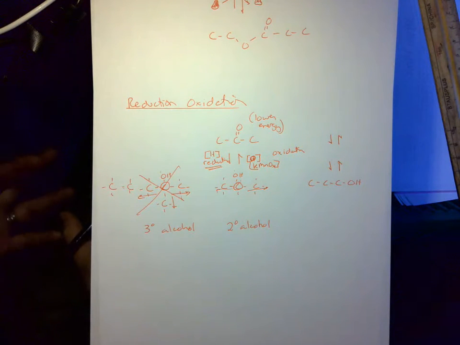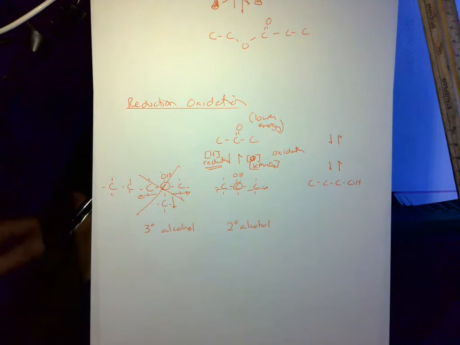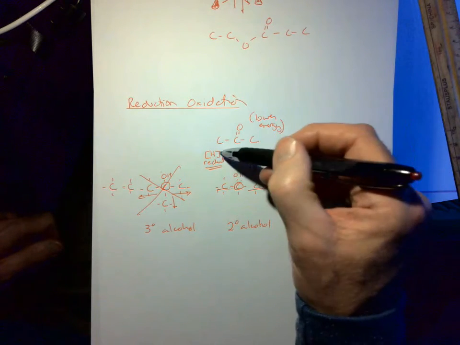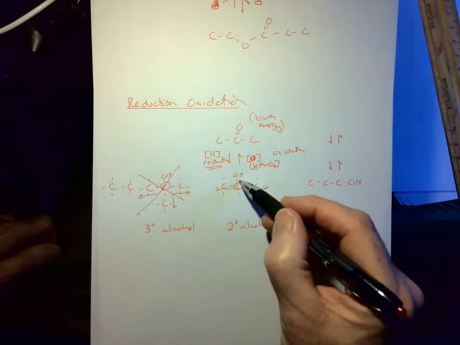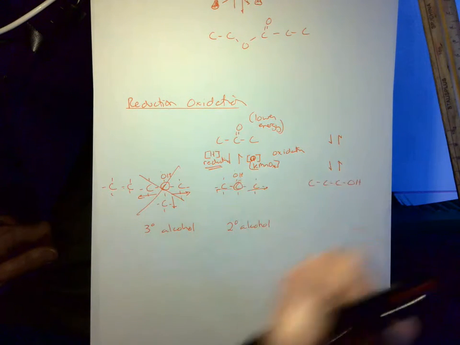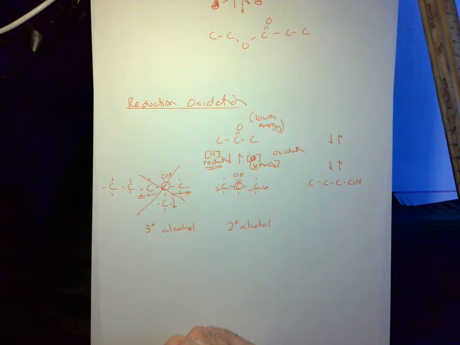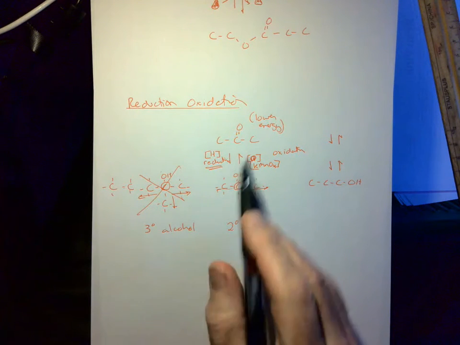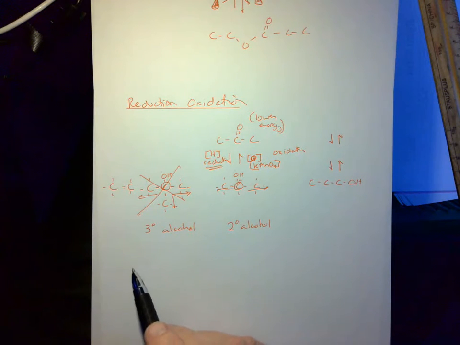Think of carbon dioxide. It puts fires out, where CH4 that has lots of hydrogens around it blows up real good. So what we're doing here is we're adding hydrogen in and adding OH there. So it's less bonds to the oxygen. So more bonds to oxygen is an oxidation. More bonds to hydrogen is a reduction. Okay?